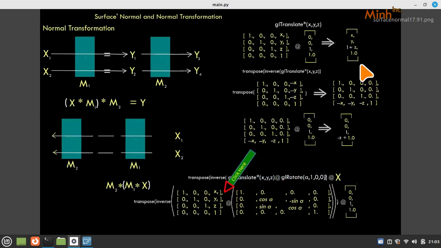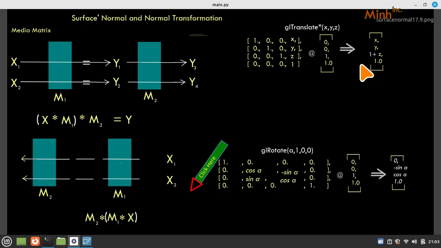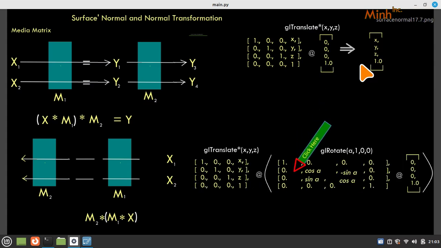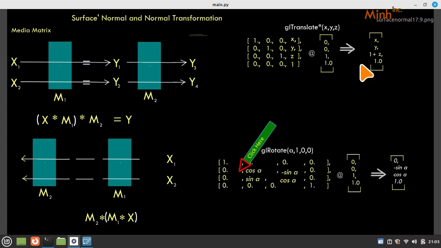Now, I have two matrices. One is rotation and one is translation, and we have already calculated this. We calculated it if it is only translation, if it is only rotation, and also if it is a combination of rotation and translation.